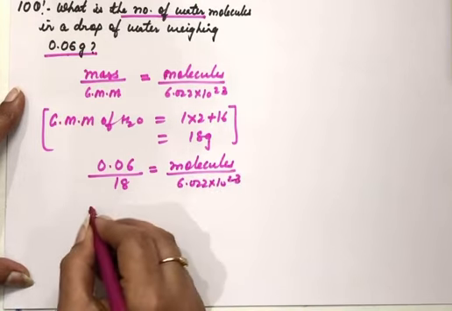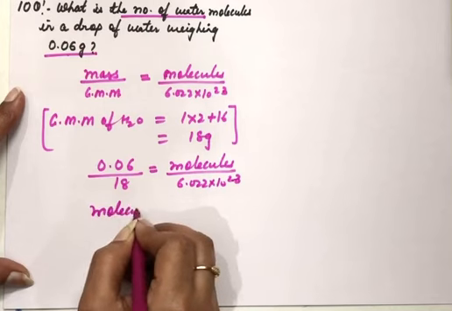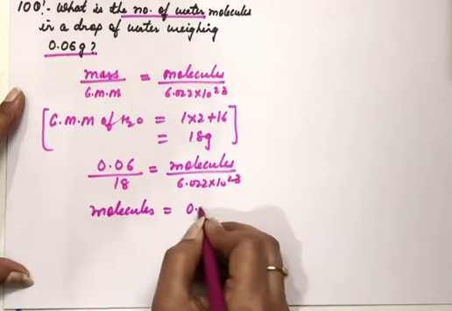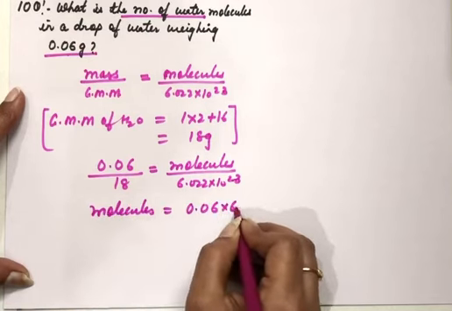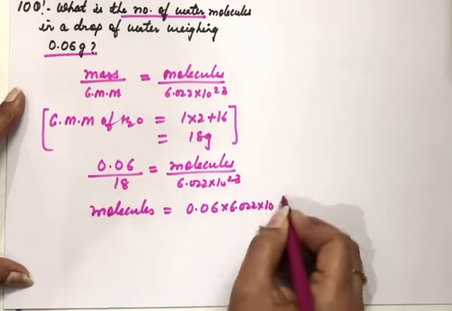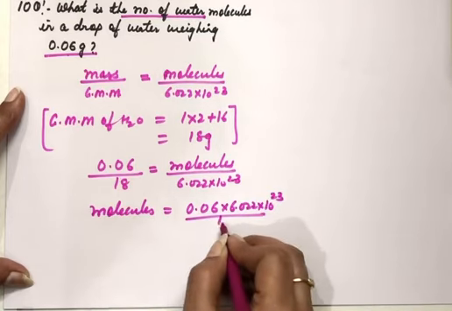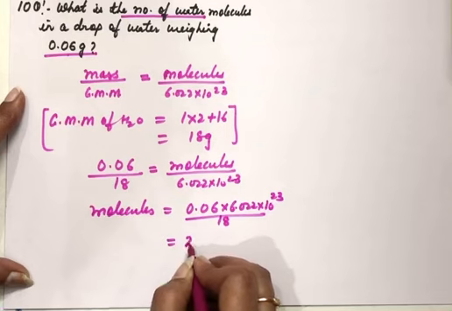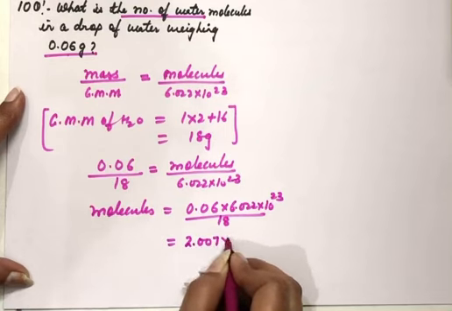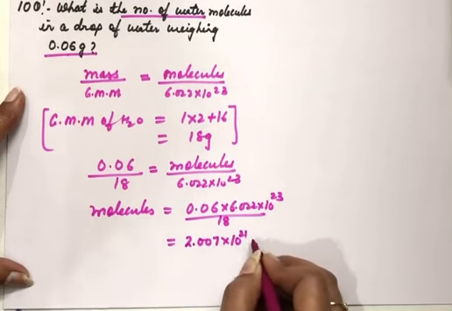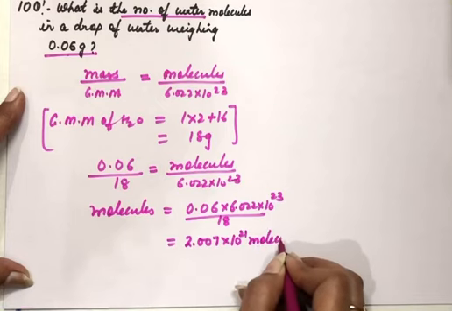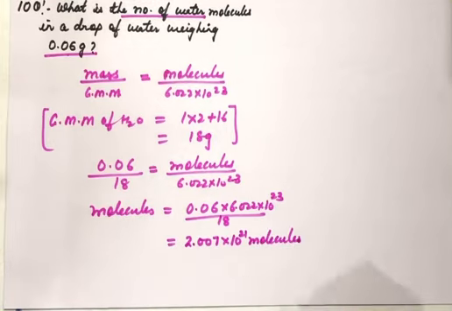So when we solve this, molecules will be equal to 0.06 into Avogadro number upon 18. This will come out to be equal to 2.007 into 10 raised to power 21 molecules of water. This is the answer for the 10th question.